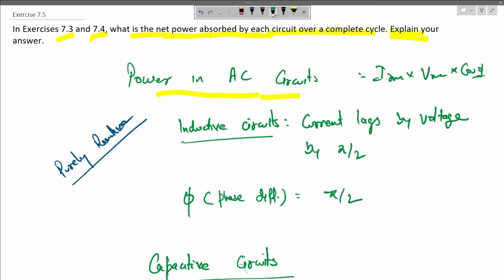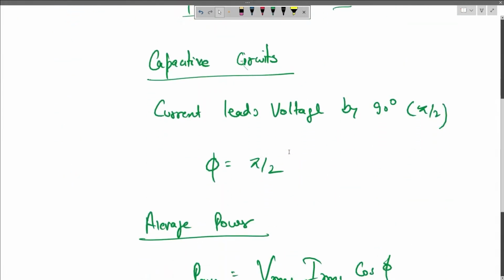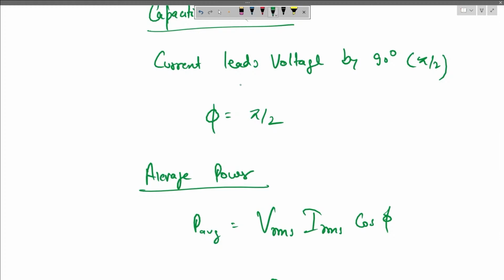Now for a purely reactive circuit, let us assume the first case of 7.3, that is an inductive circuit, we saw that current lags the voltage by pi by 2, or the phase difference between the source and the circuit is pi by 2. Similarly, in the capacitive circuits, the current leads the voltage by pi by 2. Now in both the cases, there is a phase difference of pi by 2.